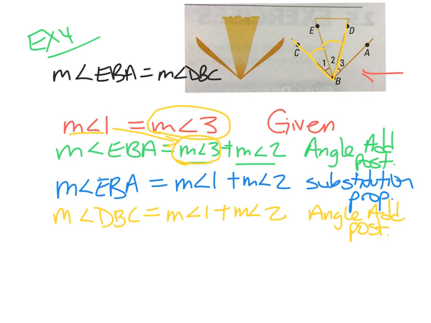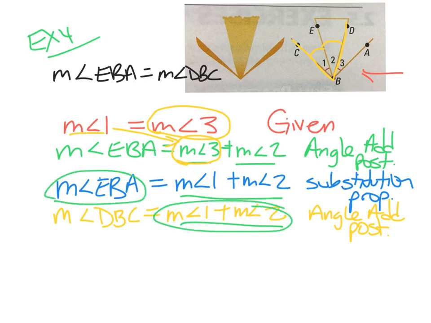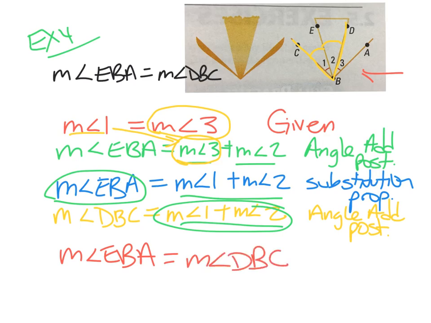Okay, now what do you notice? What's right here and right here? They're the exact same thing. So can I substitute and plug in this angle for here? Yeah. So the last step is I can say the measure of angle EBA equals the measure of angle DBC. And do you remember the property that was?